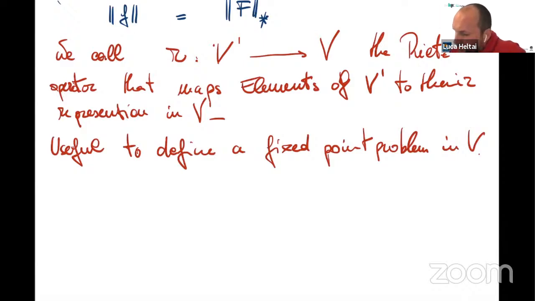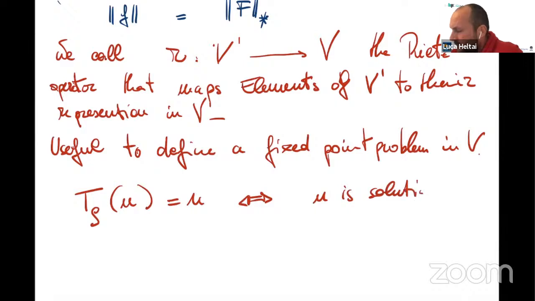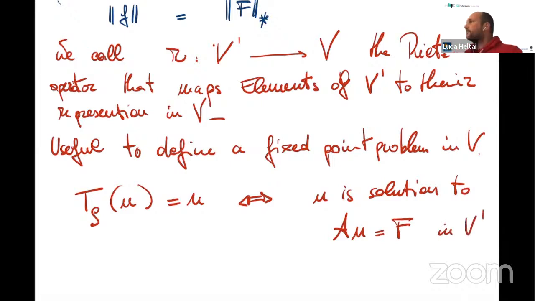I would like to construct a function T, maybe depending on a parameter that we will call rho, of u, such that T_rho of u equals u if and only if u is a solution to a(u) equals f in V prime, which is the same as writing a(u, v) equals f(v) for any v in capital V. Okay?